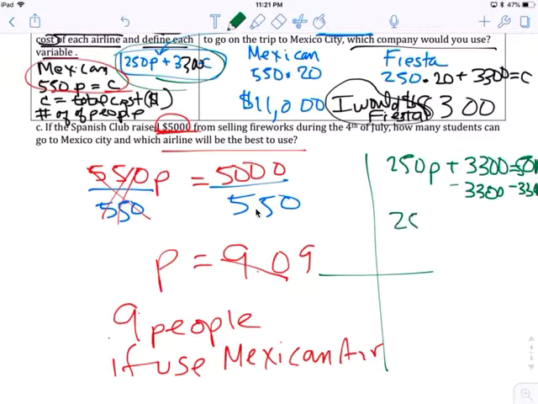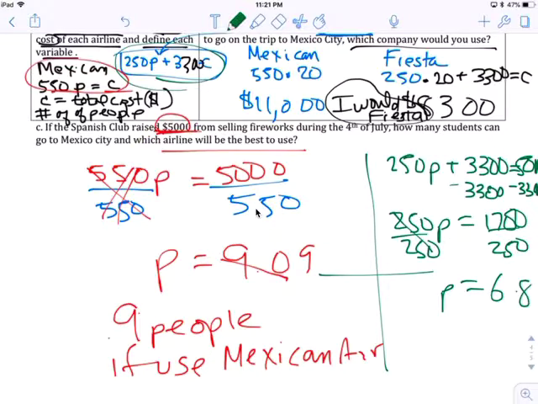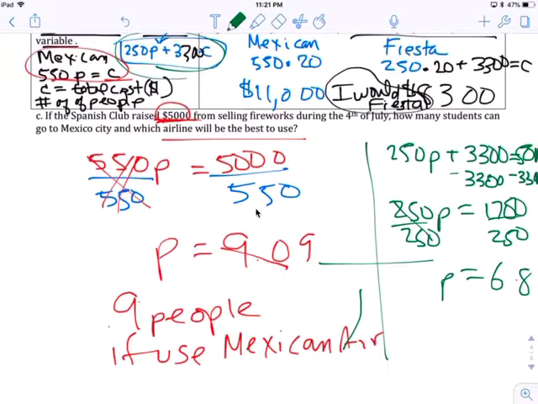Okay, 250p equals 1,700, divided by 250 per person, get 6.8 people.